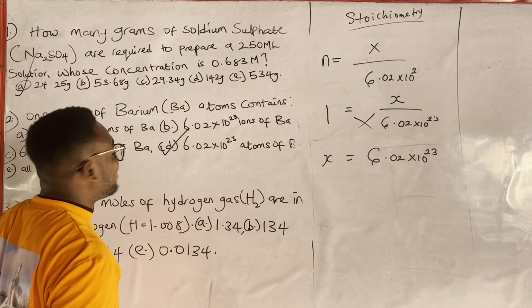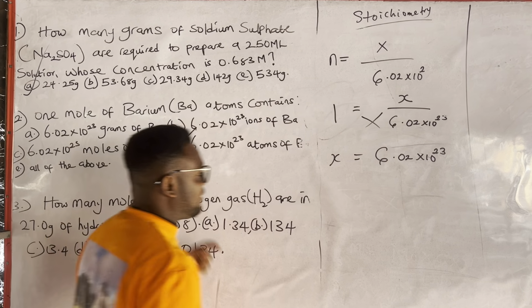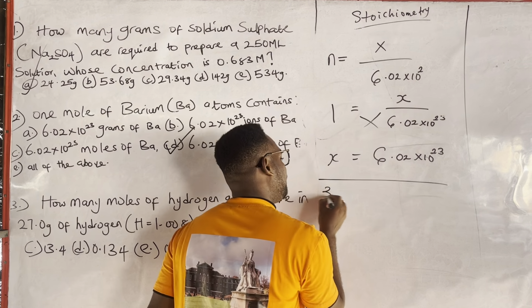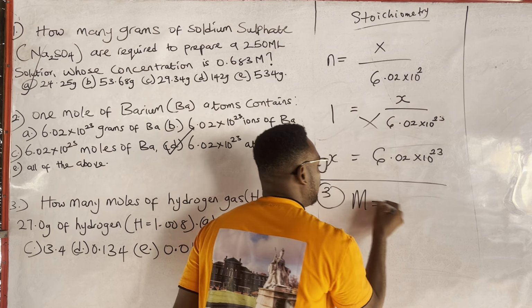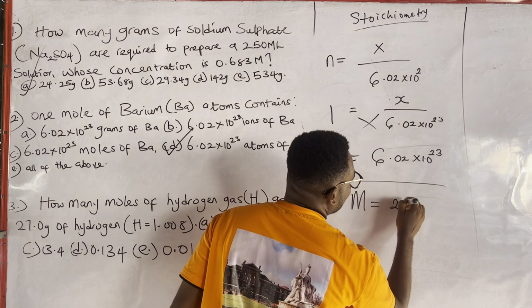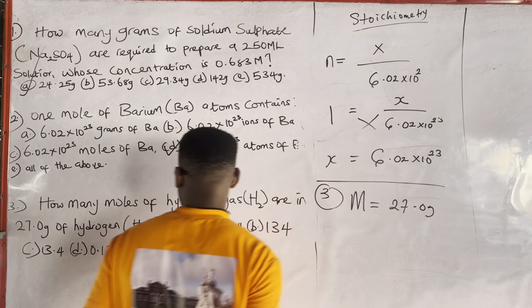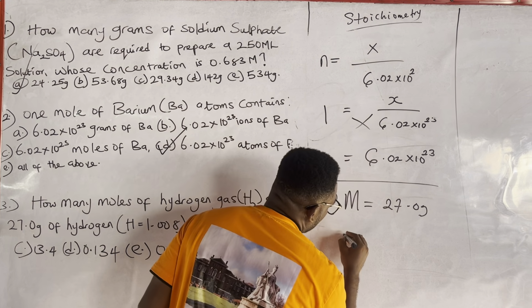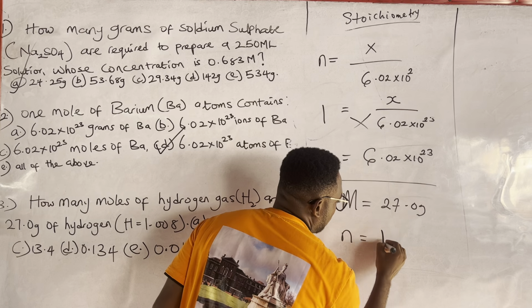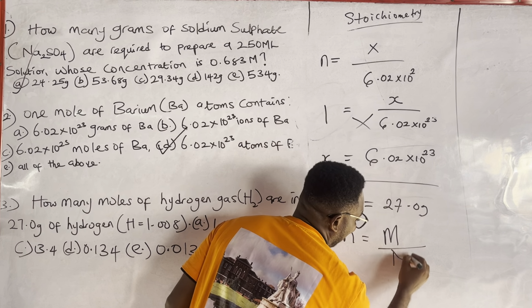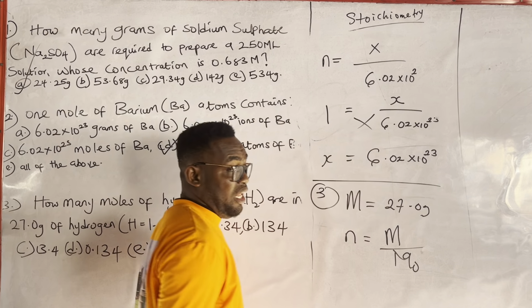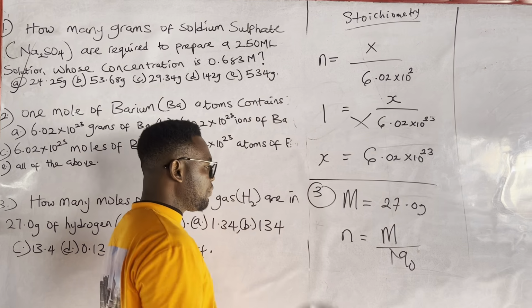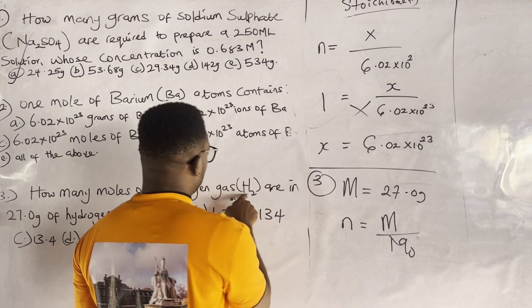I'm given a mass of 27.0 grams. So for question 3, the mass in the question is 27.0 grams, and the question says I should calculate the number of mole. Of course, number of mole is mass divided by molar mass. This is formula 1 from the first video. So we need to calculate the molar mass of hydrogen.